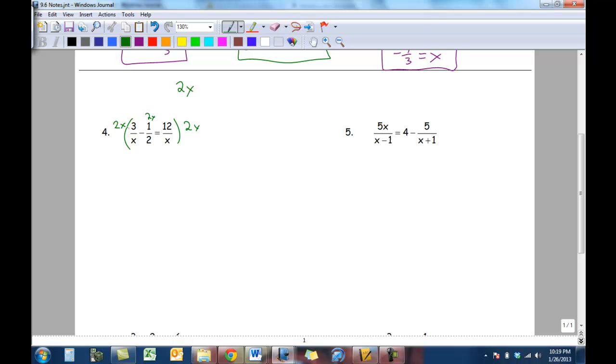So 2x times 3 divided by x would be 6, minus, now 1/2 times 2x would be minus x, equals, here the x's would cancel, 24. Bring the x to this side, subtract the 24, x is equal to negative 18.